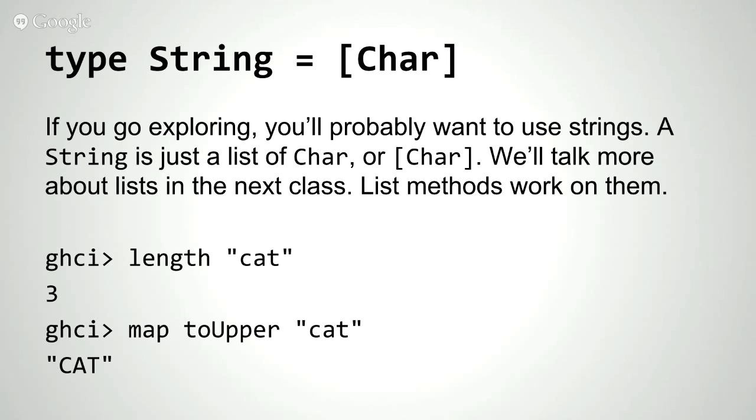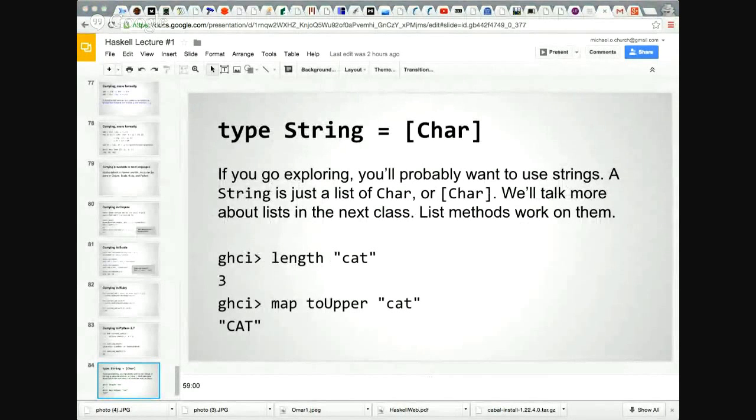It works fine, and all the list methods are going to work. So there's some sort of library we need to include to get the toUpper method? Yes, Data.Char. I'll show you. So it's just import Data.Char, and then you now have toUpper.